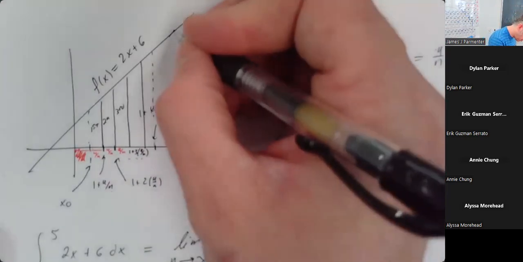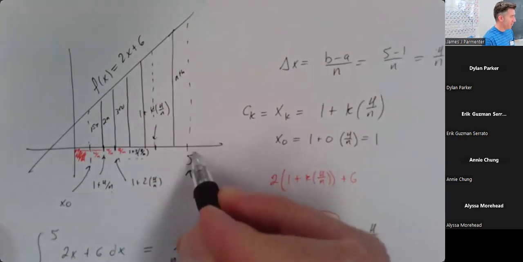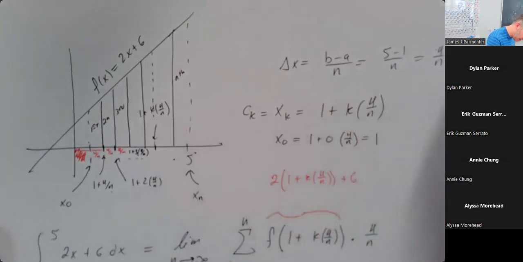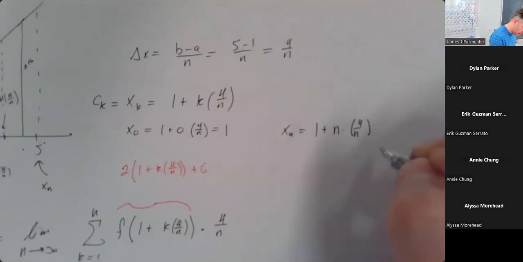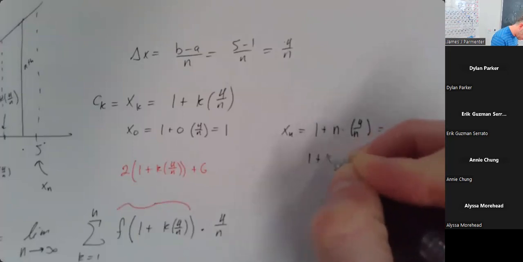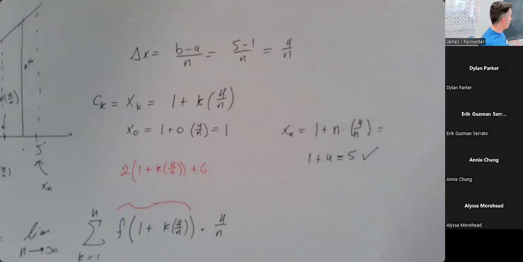This is your nth subinterval, and the right endpoint is x sub n, the left endpoint is x sub n minus 1. If you plug in n, x sub n is going to be 1 plus n times 4 over n. Sorry, you can't see that. Apologies. I know I zoomed way in. But n times 4 over n, the n's cancel, and you get 1 plus 4, which is 5. And that checks out. So your x sub 0 should always be your a value, your lower limit, and your x sub n should always be your b value, your upper limit. If you're not sure if it's right, you can check.